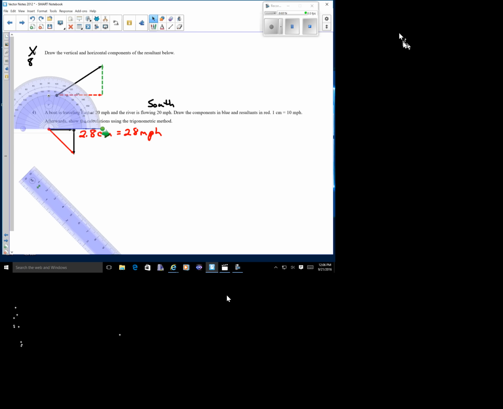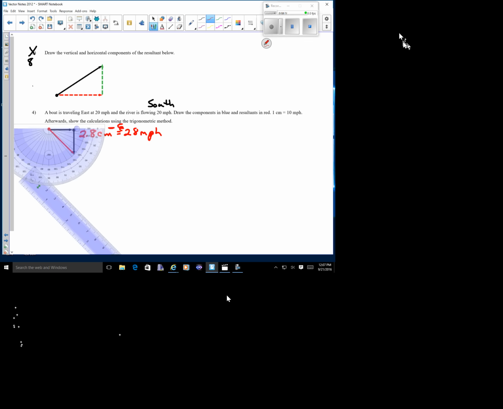If I were to extend this out, you can see that it would be hitting 45 here. And since my zero right up here started due east, this is east, and I went 45 degrees, this is 45 degrees here, toward the south, I'm going to say that this is 45 degrees south of east. That's going to be the tricky part, is getting used to doing that.